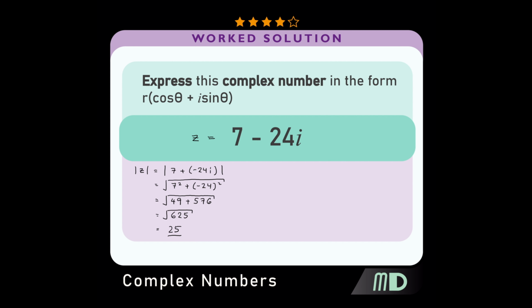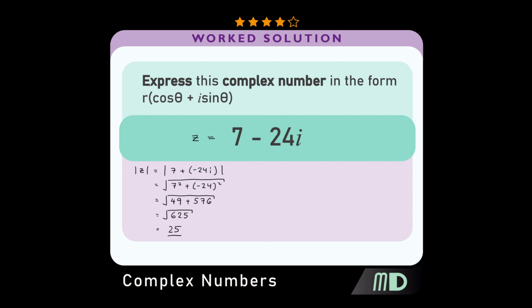The argument of a complex number is the angle made with the positive real axis on an Argand diagram. Finding the argument of this complex number is a two-step process.